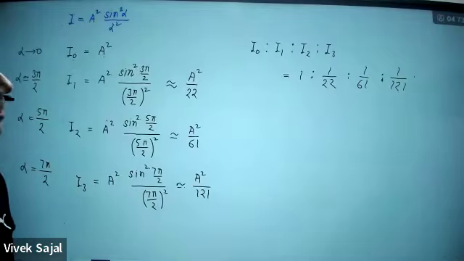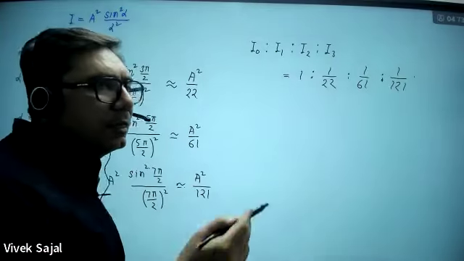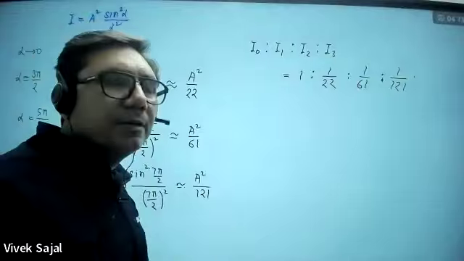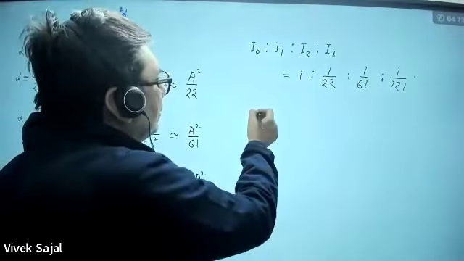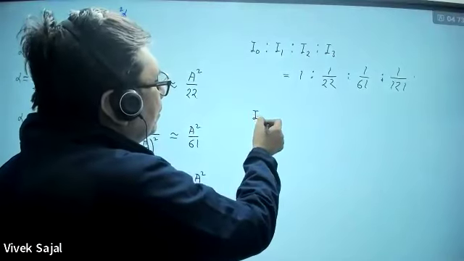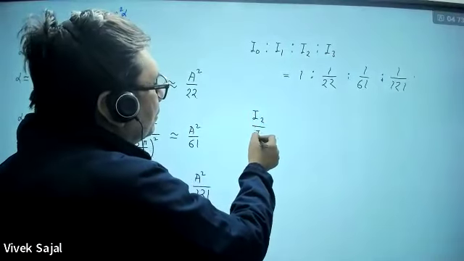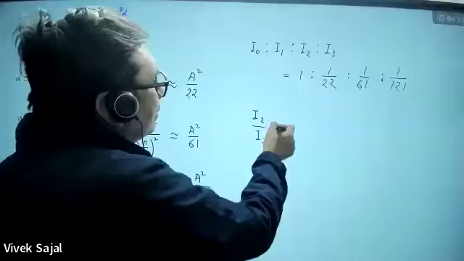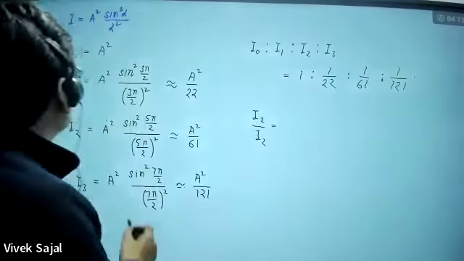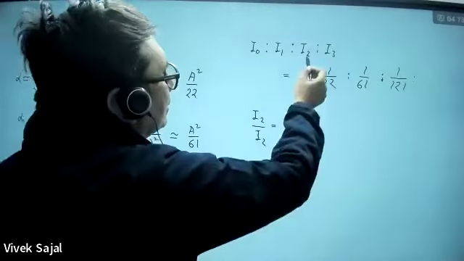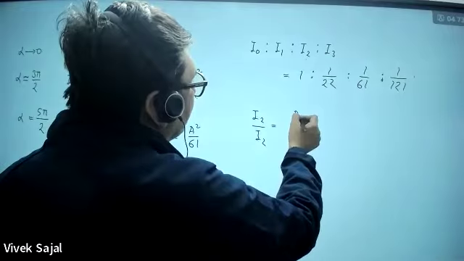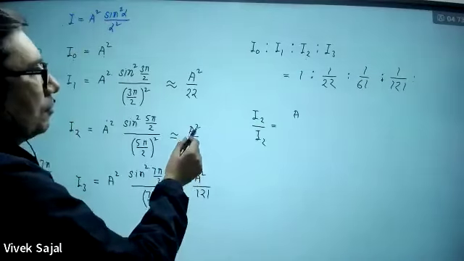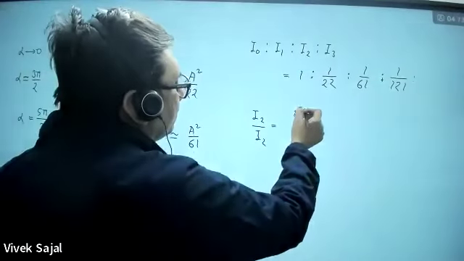Try to understand, if they provide you complete data and ask you to find the ratio of second order maxima to first order maxima, this I2 is A square upon 61.